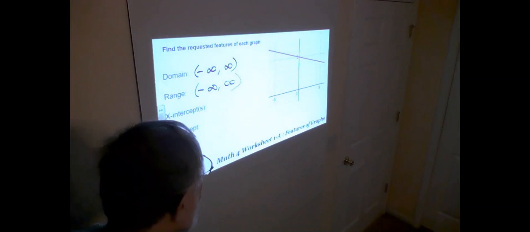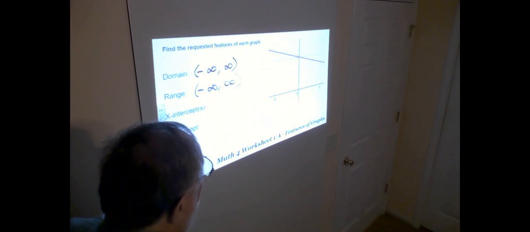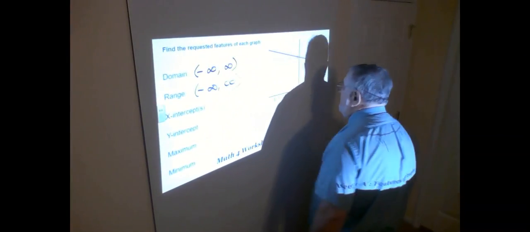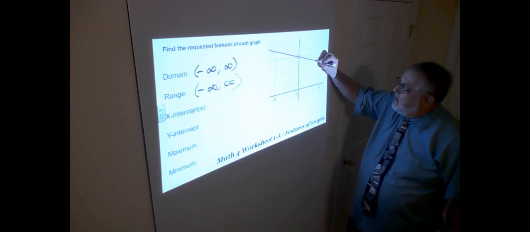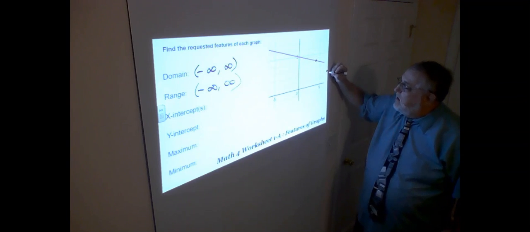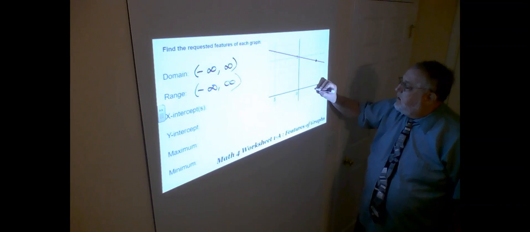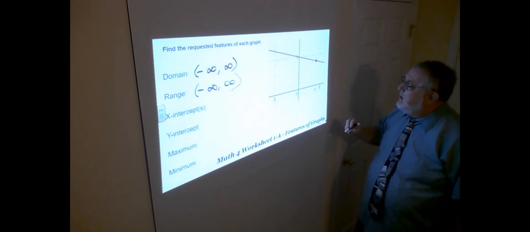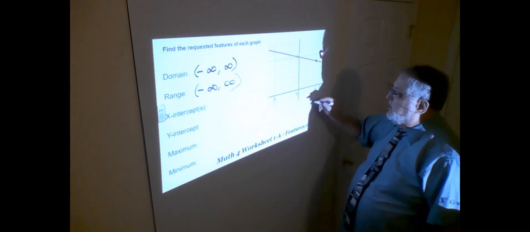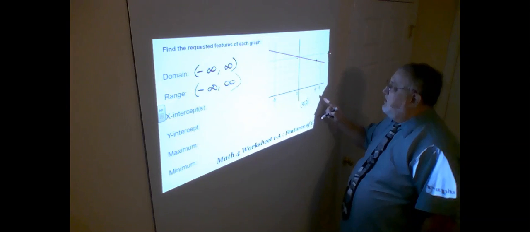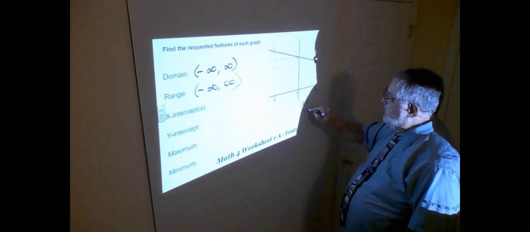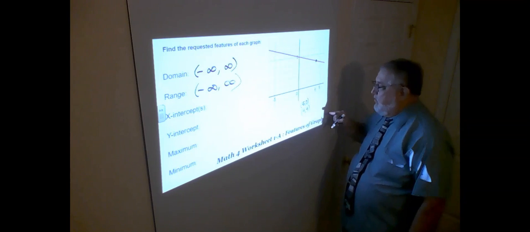All right, X-intercepts. Well, you could probably plot this. Say if it goes down 1 and over 4, it's going to go from 0, 5 to 4, 4, down 1 over 4.